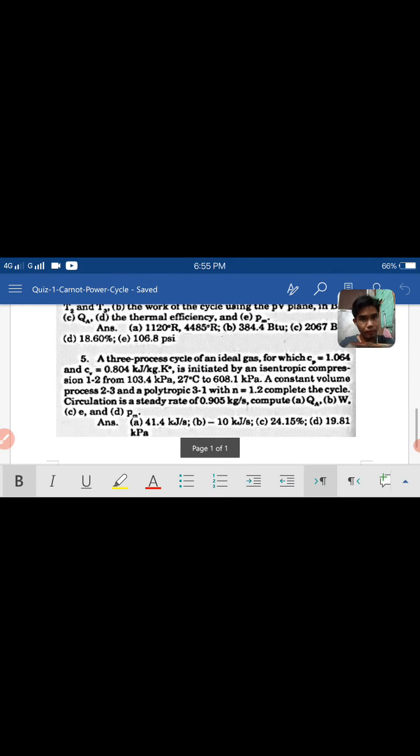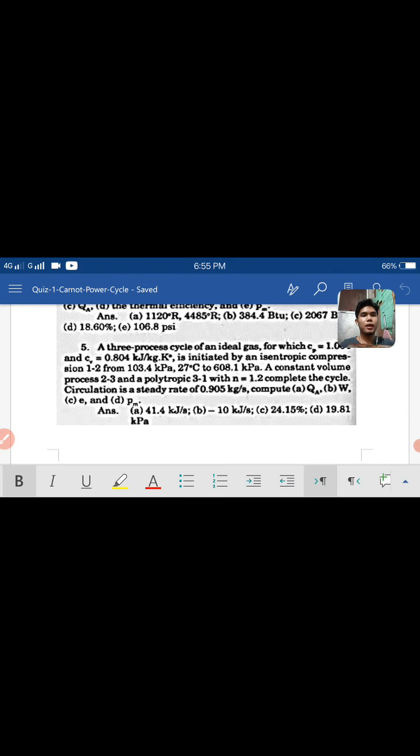Number 5. A three-process cycle of an ideal gas for which Cp is equal to 1.064 and Cv is equal to 0.804 kilojoule per kilogram Kelvin is initiated by an isentropic compression, state 1 to 2, from 103.4 kilopascal and 27 degrees Celsius to 608.1 kilopascal.